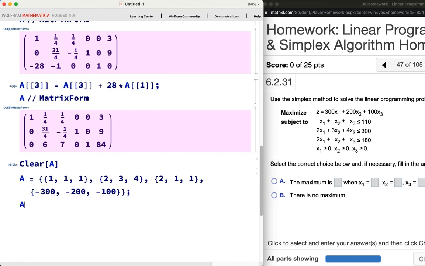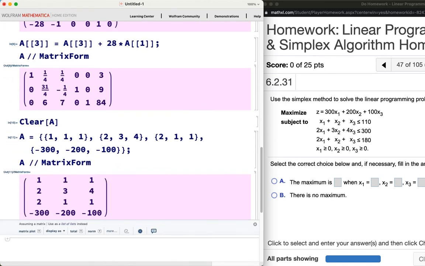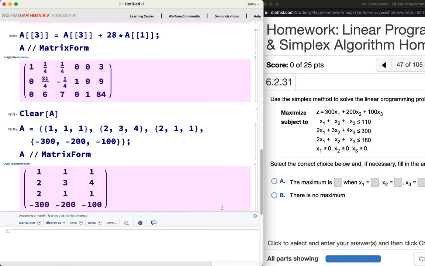Okay, fabulous. So let's make sure everything looks okay. 1, 1, 1, 2, 3, 4, 2, 1, 1, negative 300, negative 200, negative 100. Fabulous. So how many rows do I have? Well, now I'm going to add the slack variables. So I have 1, 2, 3, 4, right?